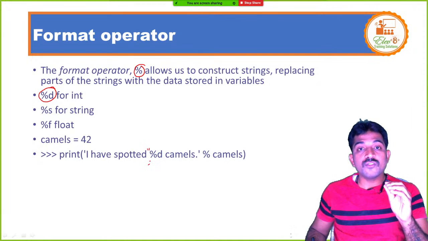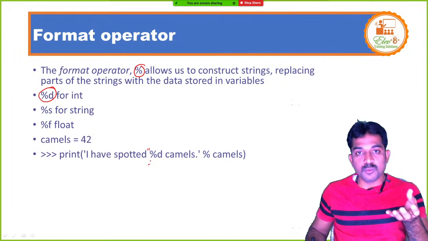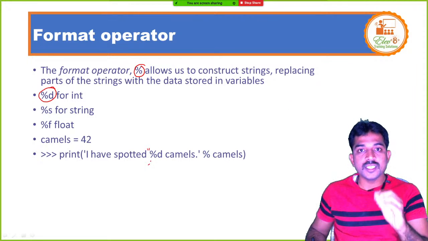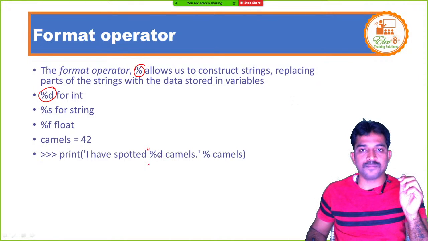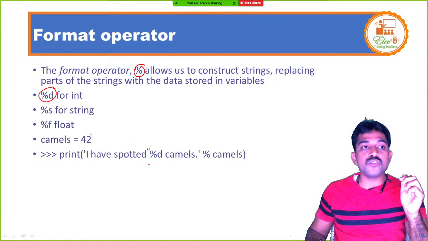But wherever you need to print the variable, in that place you just use %d. Why %d, sir? What is the reason? See, 42 is which type? It is an integer type, right?